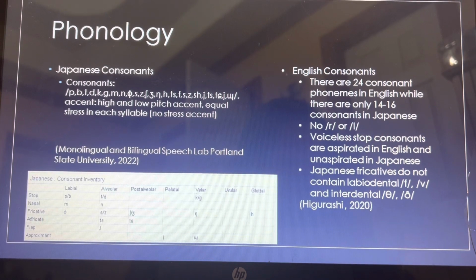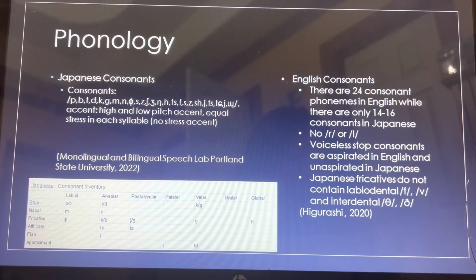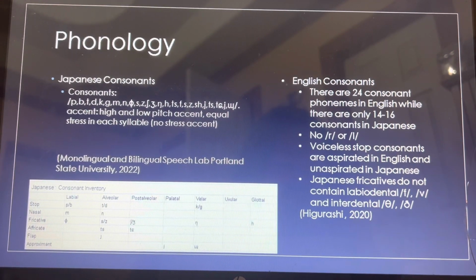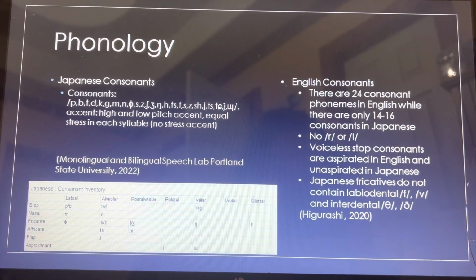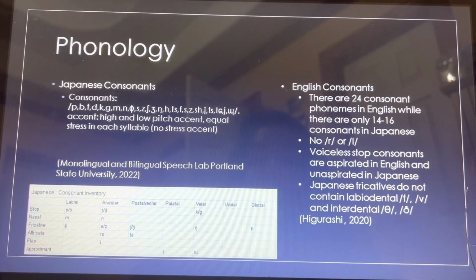Okay, and then I also have here that in English, voiceless stop consonants are aspirated, but in Japanese, they're unaspirated. And lastly, labiodental F and V and interdental THs are not contained in the Japanese fricatives.